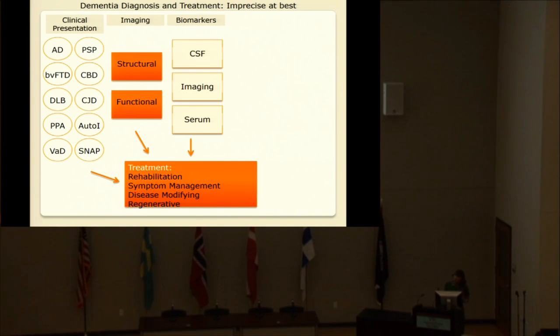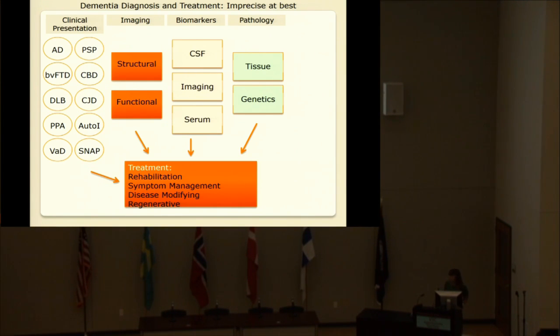But eventually, the hope will be that we'll be able to take a particular patient based on their clinical phenotype, check a number of these tracers, and look to see what actually their underlying pathology is without having to do a brain biopsy. Serum biomarkers are further behind. And then, of course, we can classify these patients based on their tissue diagnosis, a little bit like what I showed you on the FTD slide, and potentially by their underlying genetic disorder. But even that doesn't allow us to fully define the patient.